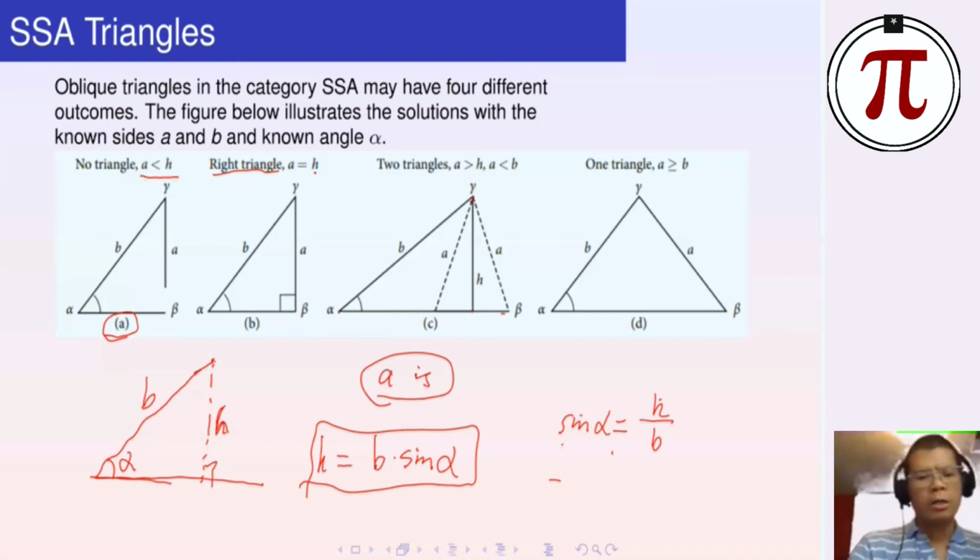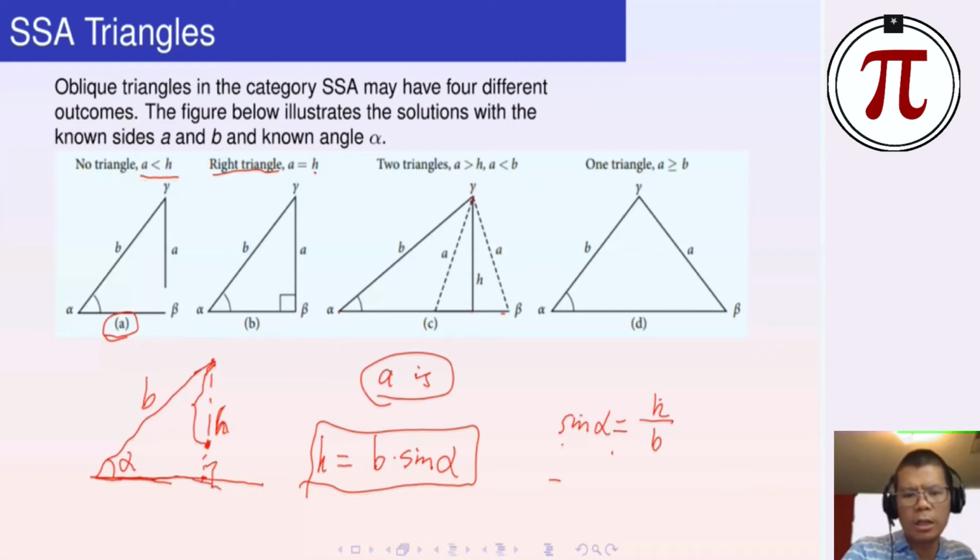So that is to say, if your A, the opposite side, is smaller than h, right? It can never touch. If it is smaller than h, it can never touch this side. Yes?